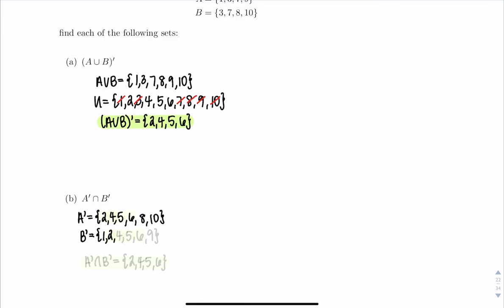That's 1, 2, 4, 5, 6, and 9. And now that we've already found the complements, we just want to find the intersection, or what's common to both of these sets. And so they both have a 2, a 4, a 5, and a 6.